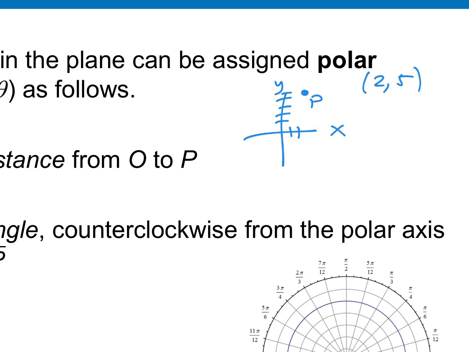Can I represent that point P with different numbers? Can I multiply each piece of my coordinate by a number and get the exact same spot? Can I add this? Can I do anything to represent that point P any other way? No, right? If I add something to X, that moves the point to a different location, right?